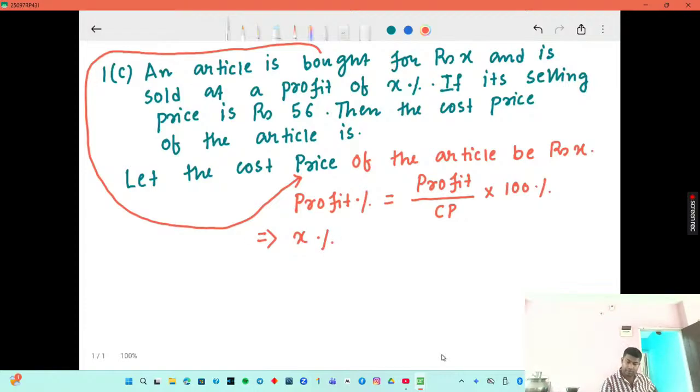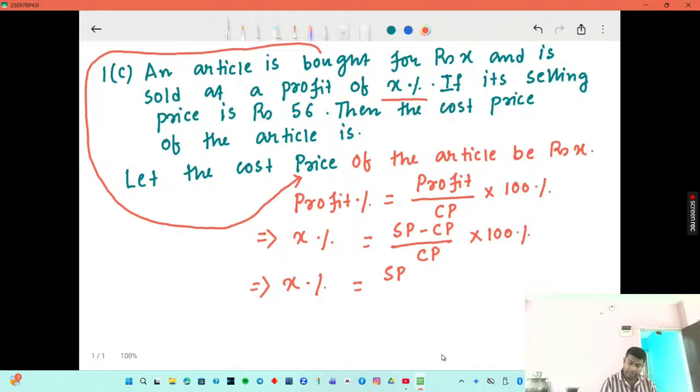Okay, see here it is given as X percent is equal to, what is the profit? Profit is SP minus CP by CP into 100%. So now X percent is equal to SP.